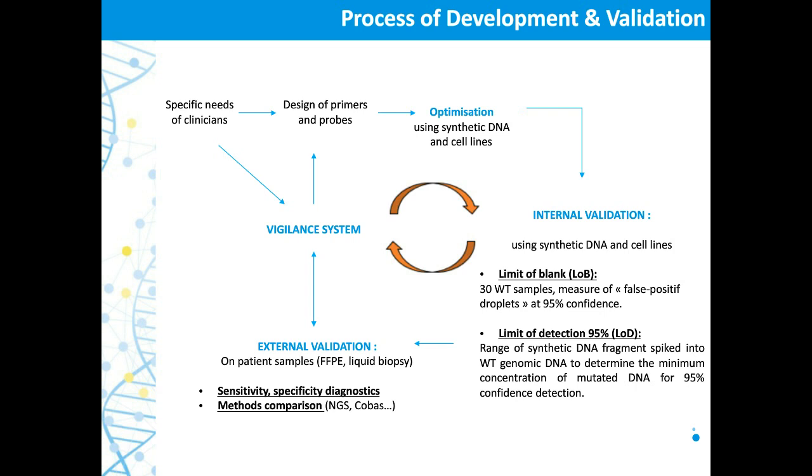If you want a huge screen of the assay, for example, the KRAS assay, where we look at all the SNVs on exon 2 and 3, you have to validate every single variant and make sure that there is no different limit of detection between them, to make sure that you can develop them and detect them. So basically, for an easy assay to develop, it's a turnaround time of 3 months, and for some difficult assays, it can be up to 1 year.